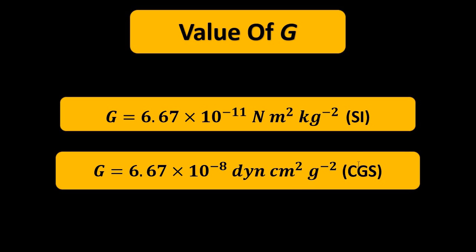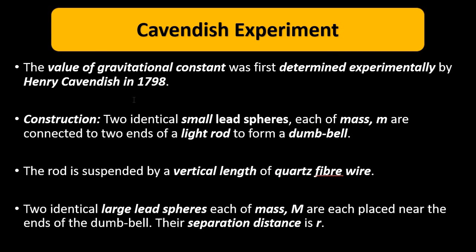But how did we get this value? There is an experiment which was conducted by Henry Cavendish in 1798 to get an approximate value of the gravitational constant. It is called the Cavendish experiment.